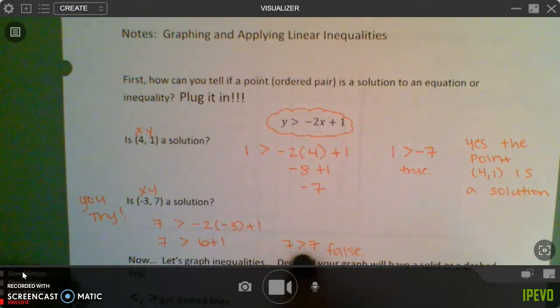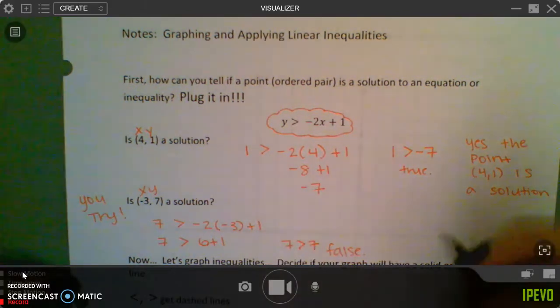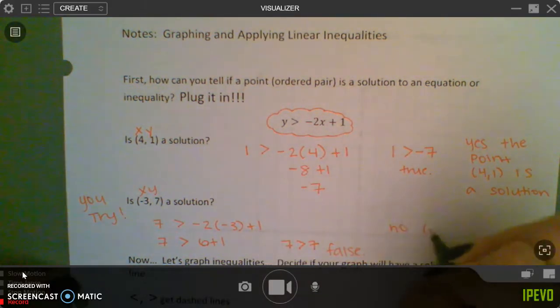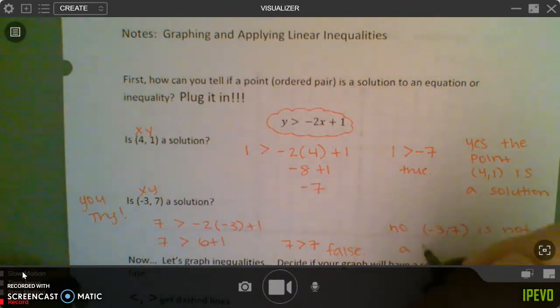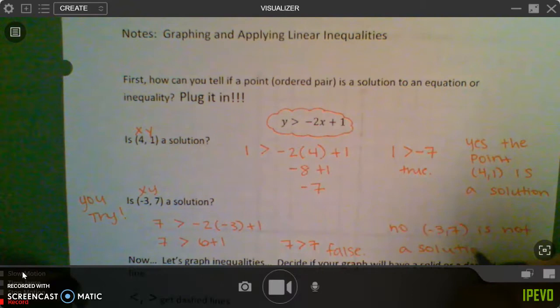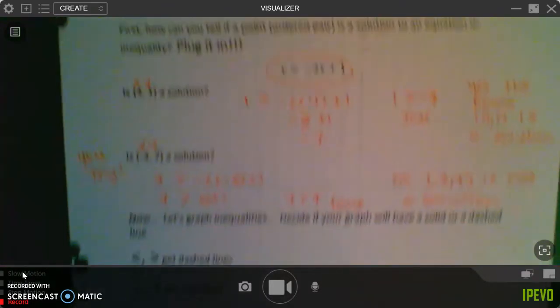It would need the little line underneath to mean equal to in order for it to be true. So because this is false, no, (-3, 7) is not a solution. Okay, so that's how you check to see if it's a solution or not.